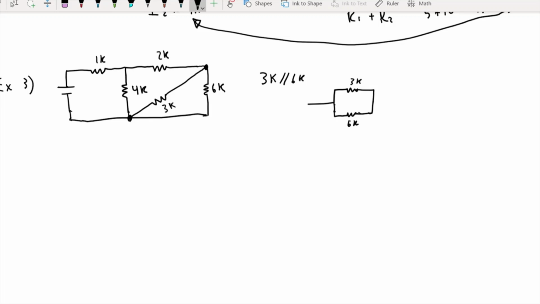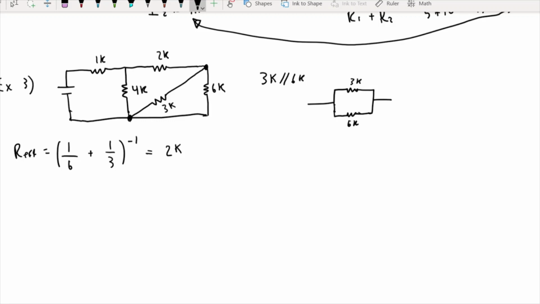First things first, we noted that the 3 and the 6 are in parallel. So how do we add those? R effective equals, remember, 1 over 6 plus 1 over 3, all raised to the negative 1, which is going to equal 2k ohms.